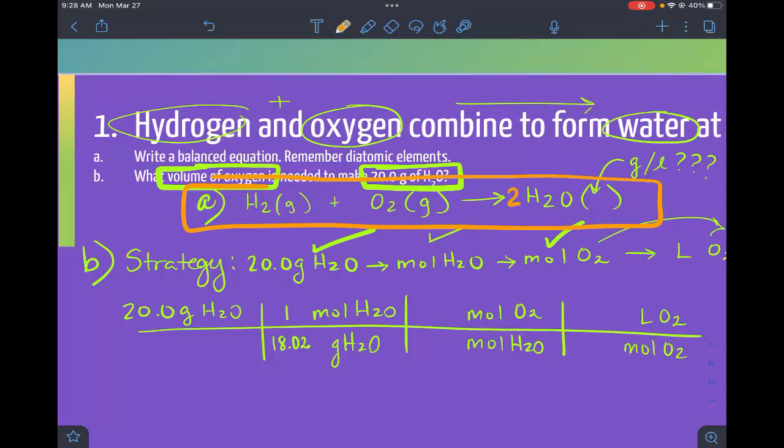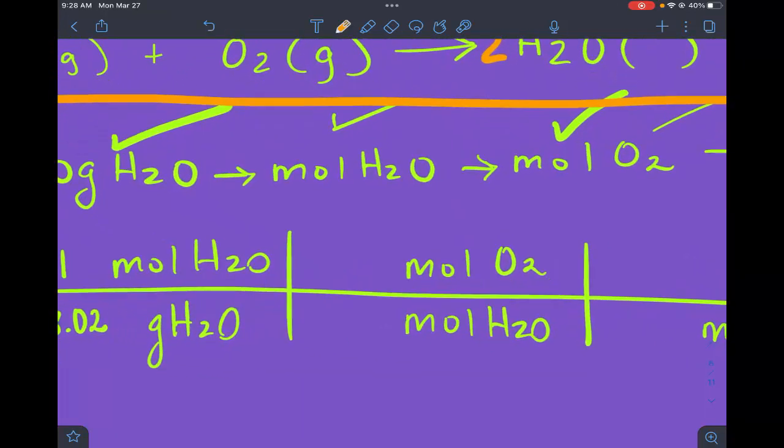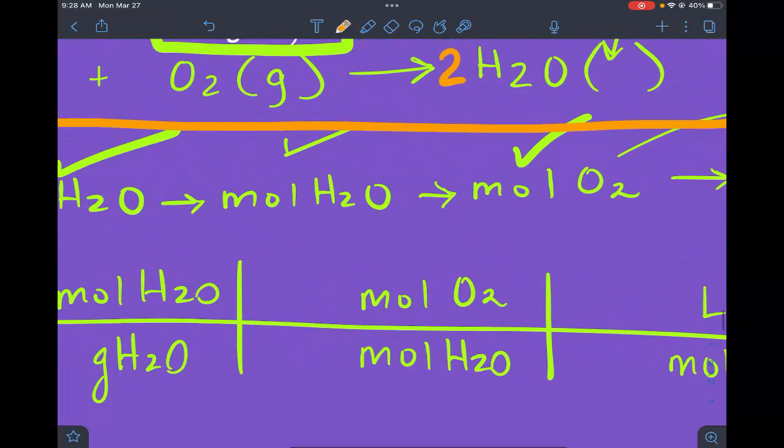And then that means I need a 2 in front of the hydrogen so that it is 4 hydrogen on each side. All right, so now in this moles-to-moles conversion factor, I need the coefficients from those chemicals. Well, the coefficient of oxygen is a 1 here, understood 1, so 1. And the coefficient of water is a 2, so 2.